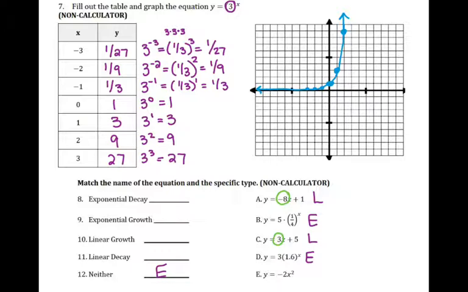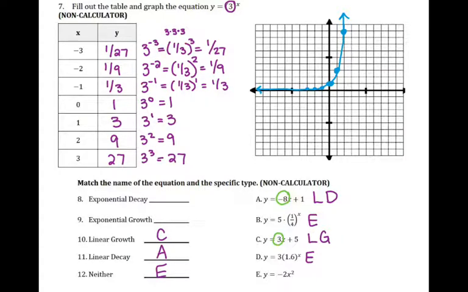If my slope is negative, that is going to be linear decay. If my slope is positive, that is going to be linear growth. So letter A is linear decay. So I'm going to put A for 11. Letter C is linear growth. So I'm going to go ahead and put C for number 10.